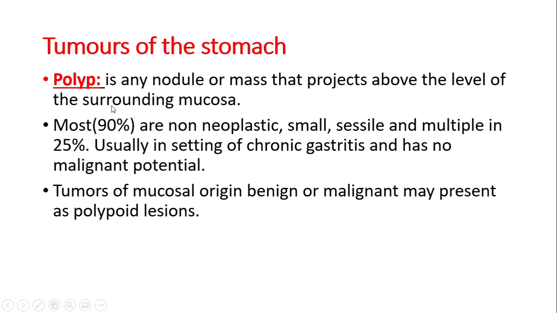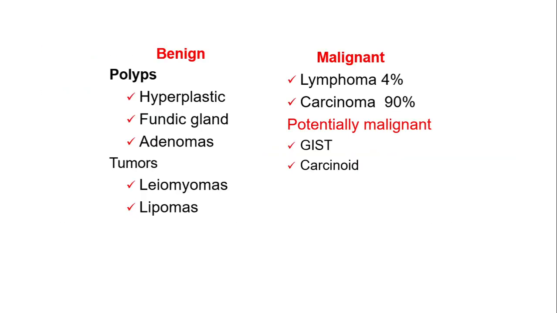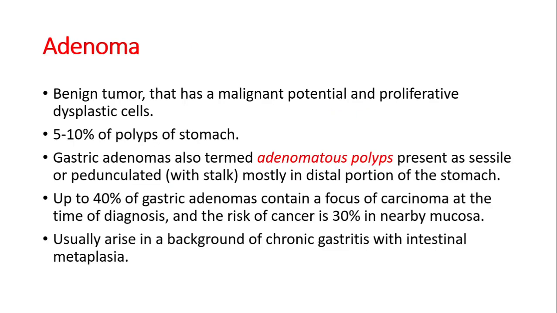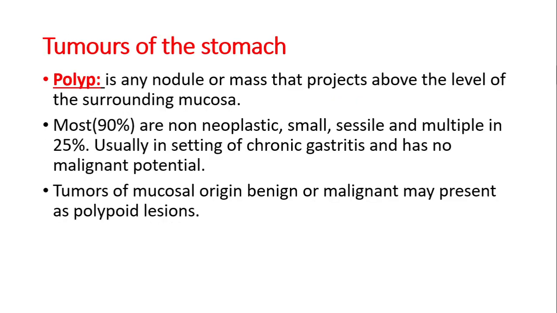Polyp is any elevation or any nodule that projects above the level of the surrounding mucosa. Most of them, about 90% of the benign tumors of the stomach, are non-neoplastic.